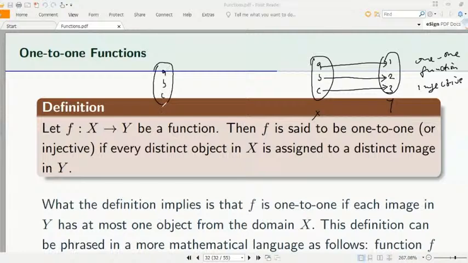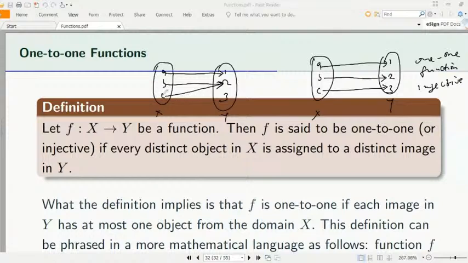Let's look at this one. Each object in set X has one image in set Y. But this is not a one-to-one function, because I have two different objects that have the same image.